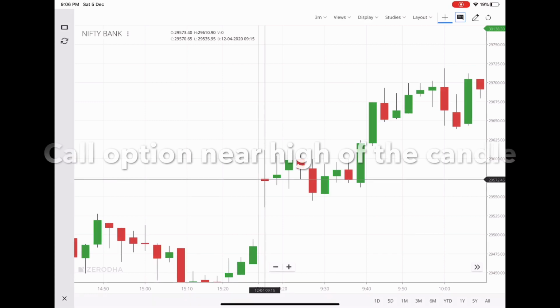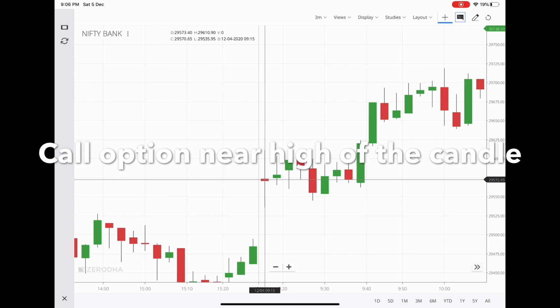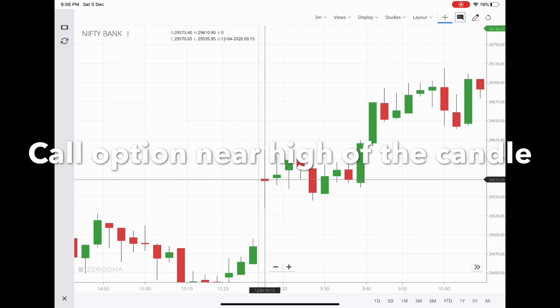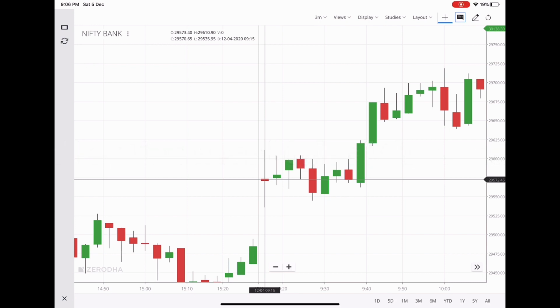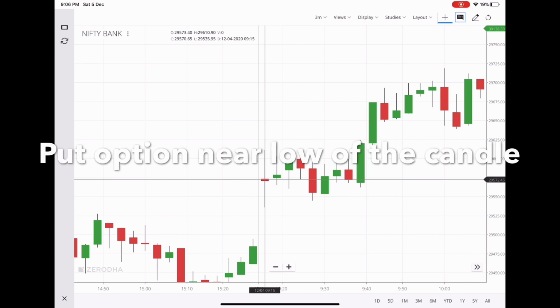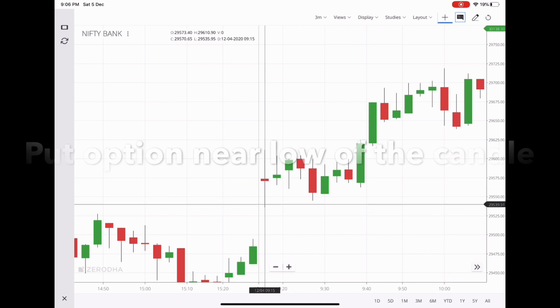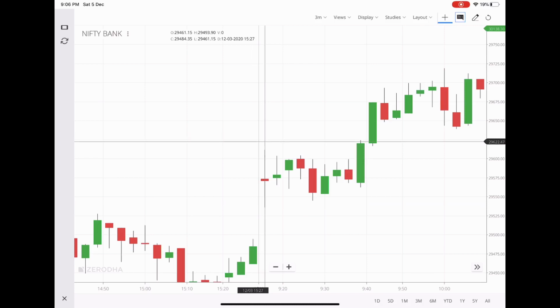So what we have to do is add a call option to our watch list which is near the high of the first candle, and add a put option to the watch list which is near the low of the first candle. So we can add the 29,600 call and the 29,500 put to our watch list, and let's see where we will get the chance for scalping.